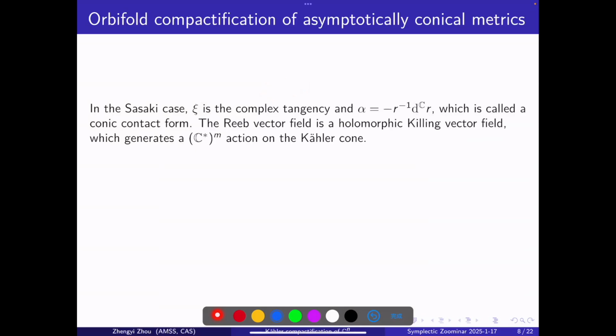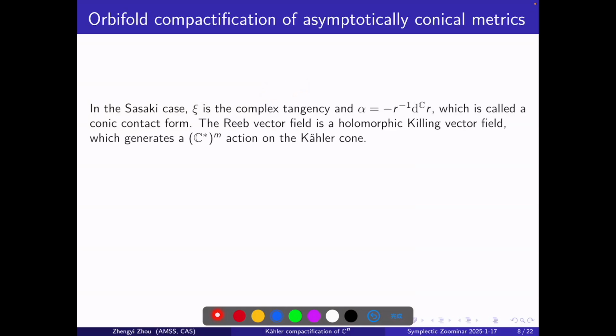In the general case of a contact manifold, the Reeb vector field will preserve the contact form. But in the Sasaki case, it will preserve everything. It's a scaling vector field, so it preserves the metric, and it's also holomorphic on the Kähler cone.